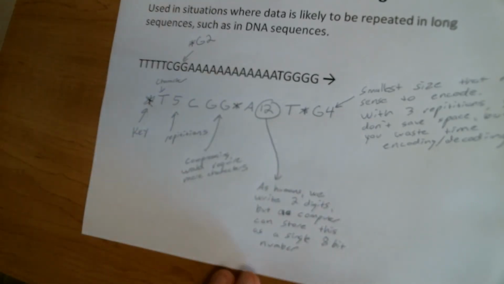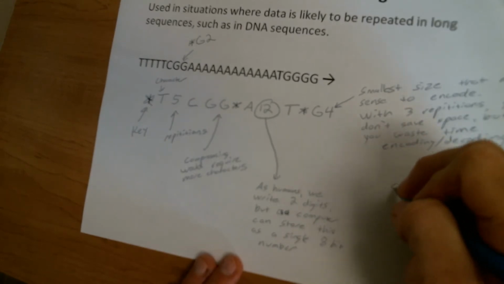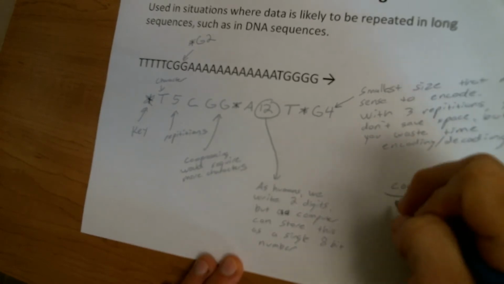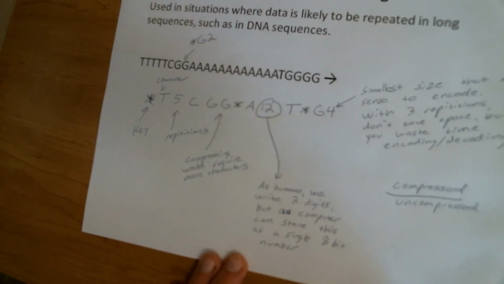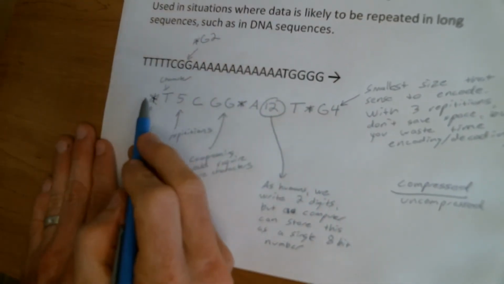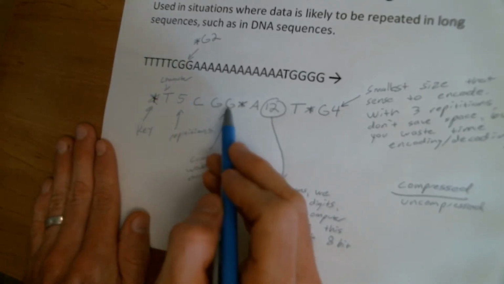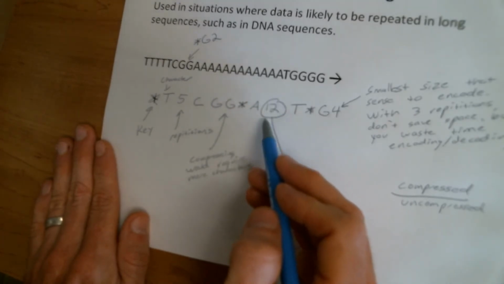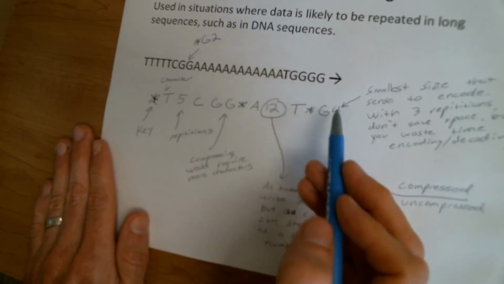If you wanted to do the compression ratio, which why wouldn't you? Just remember that it's compressed over uncompressed. So the compressed is now 1, 2, 3, 4, 5, 6, 7, 8. Even though this is 2 digits, we're only counting it as 1, 9, 10, 11, 12, 13.